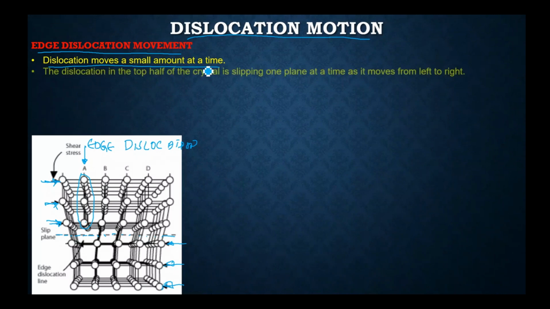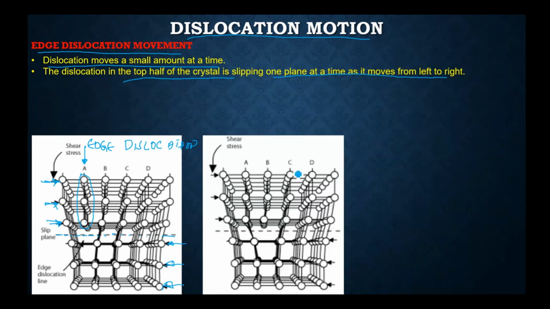What would happen would be that the dislocation in the top half of the crystal is slipping one plane at a time as it moves from right. So the dislocation which was originally located at A has now moved to the point B due to the application of the shear stress.